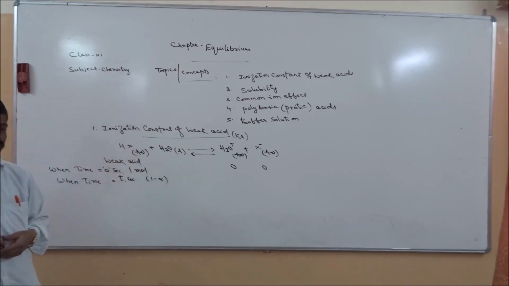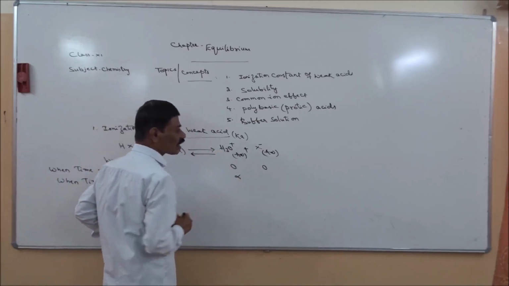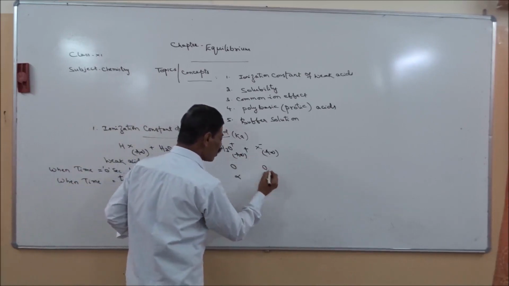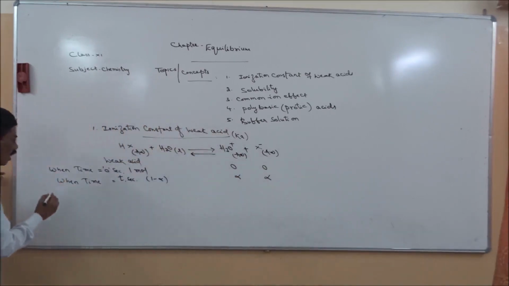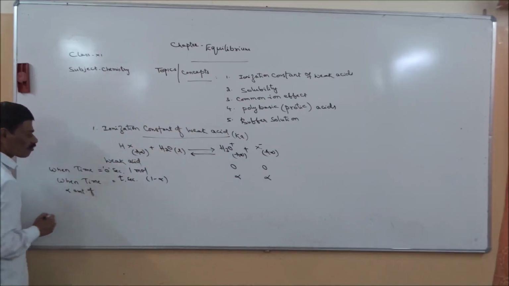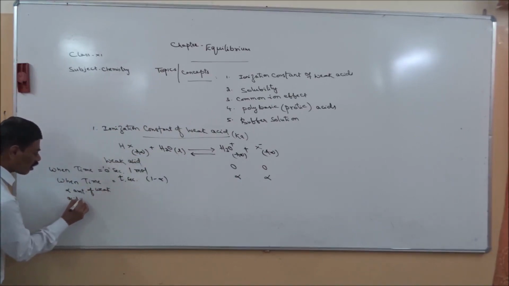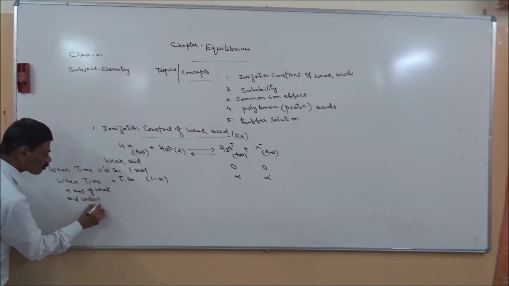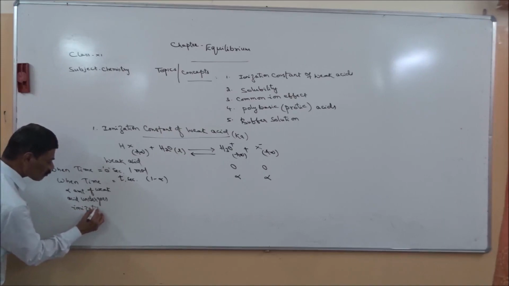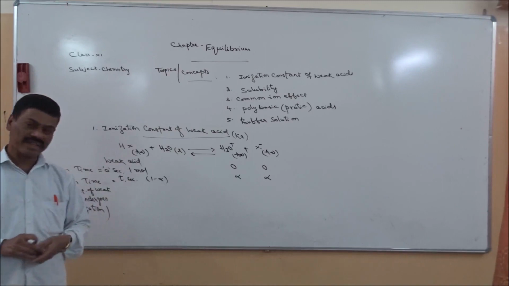So the same amount of hydronium ion will appear, and the same amount of the negatively charged ion will also appear on the other hand, when time is equal to t seconds.